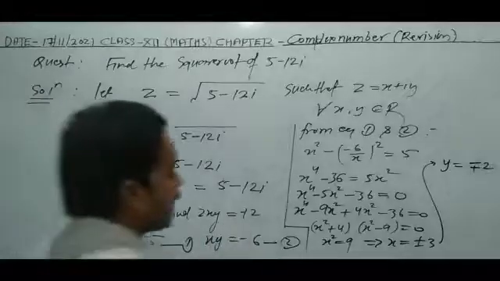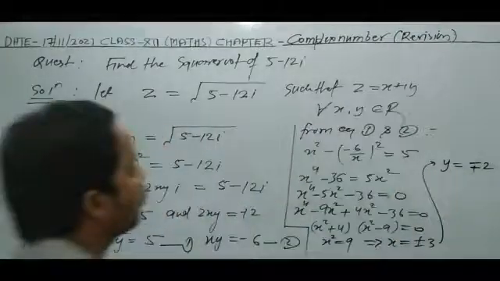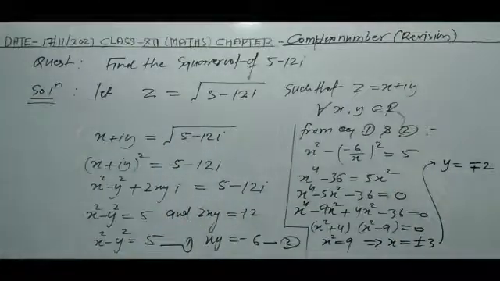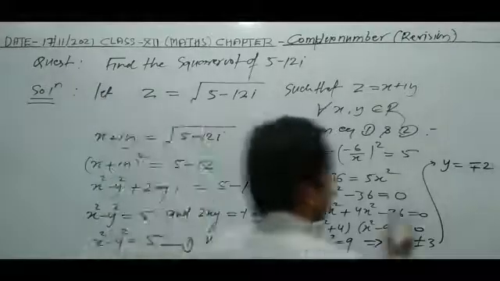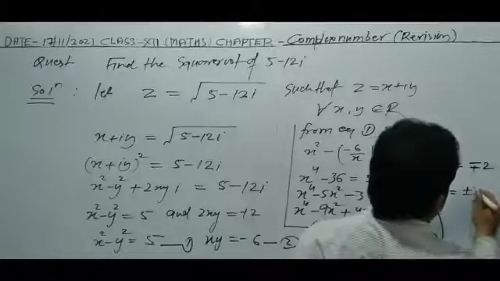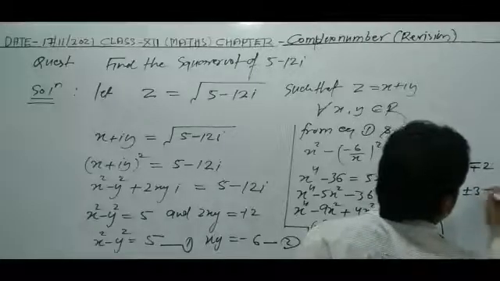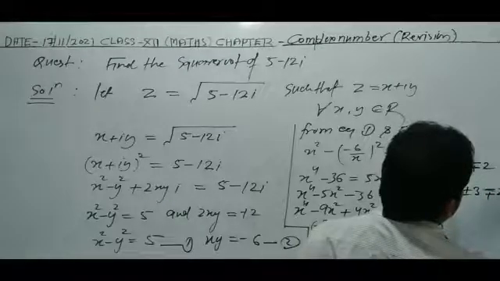At the place of x you will put plus minus 3, at the place of y you will put plus minus 2. So the complex number z in the form of x plus iy. So the square root will be, now z we can write plus minus 3 and minus plus 2i.